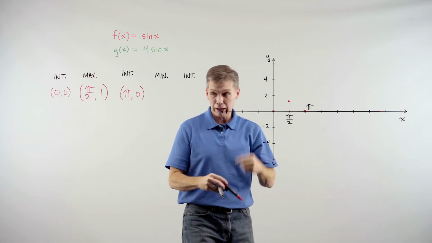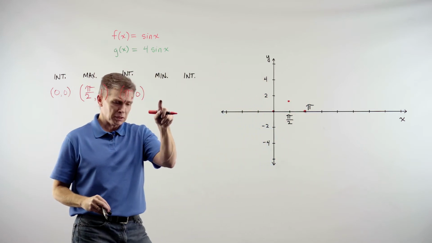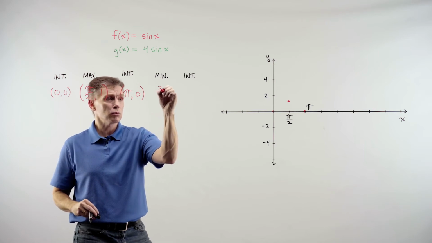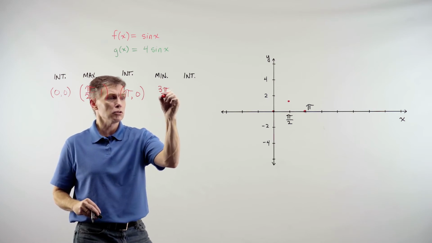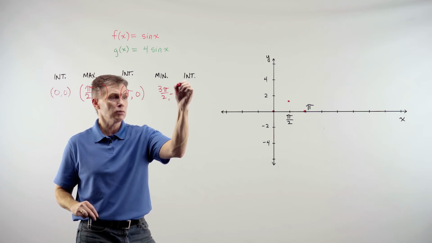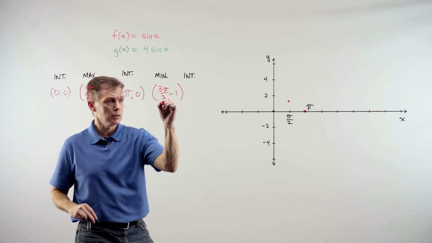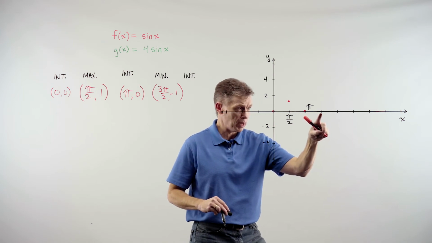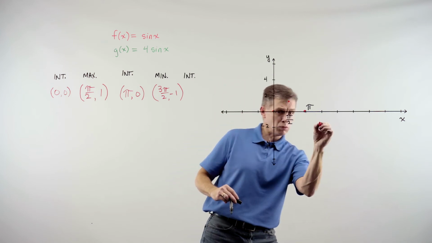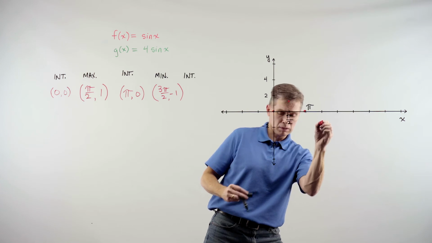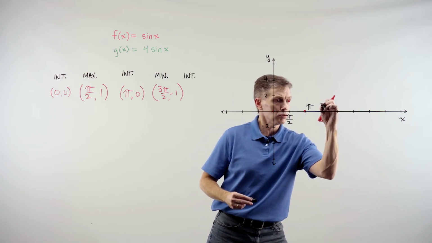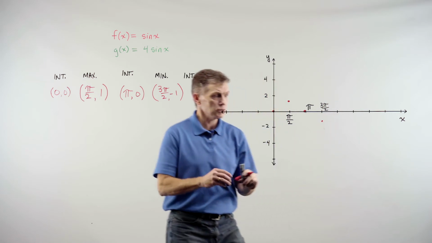Back to the key points. The next key point in your basic sine graph is a minimum at 3 pi over 2, negative 1. I'll plot that over here. At 3 pi over 2, I want to go down to negative 1, which will be right about there. Call that 3 pi over 2 on the x-axis.